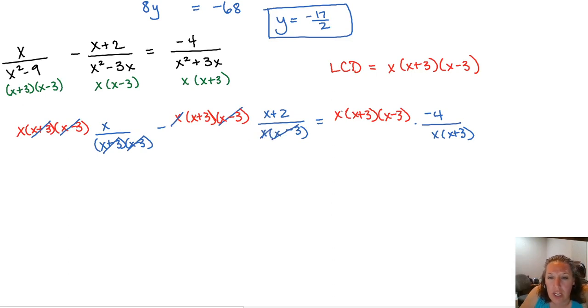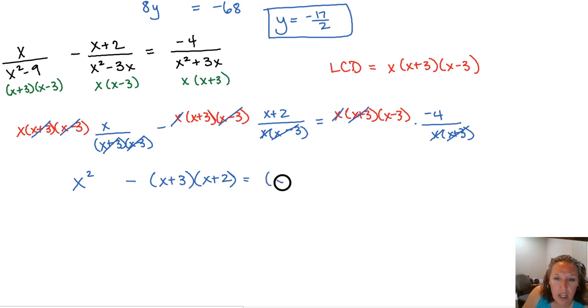And then on the right hand side, we've got an x and an x plus 3. So for our first fraction, we're only left with our x out front and the x in the numerator, so that's going to give us x squared. And then we get x plus 3 times that numerator of x plus 2. And then on the right hand side, we have x minus 3 times negative 4.